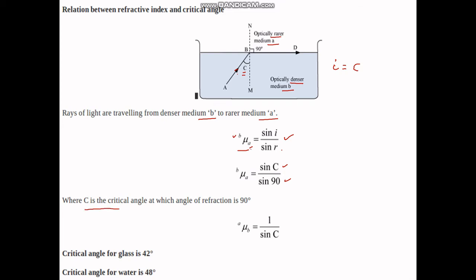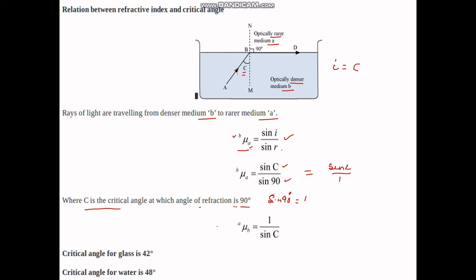Now, you all know C is the critical angle and angle of refraction is 90. The value of sine 90 is equal to 1. So over here, you will get this as sine C upon 1.